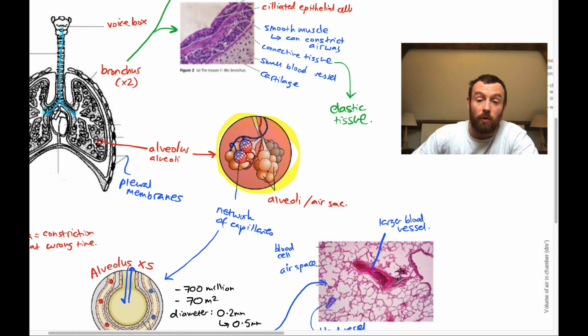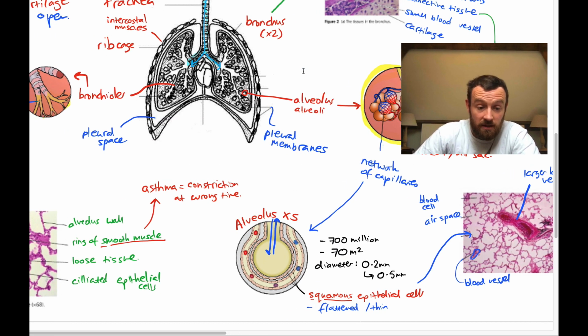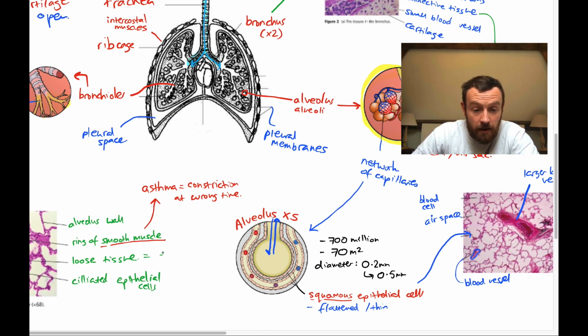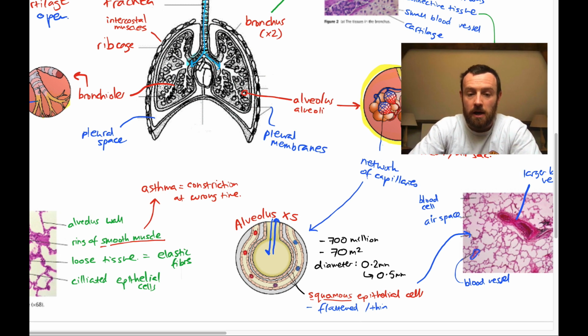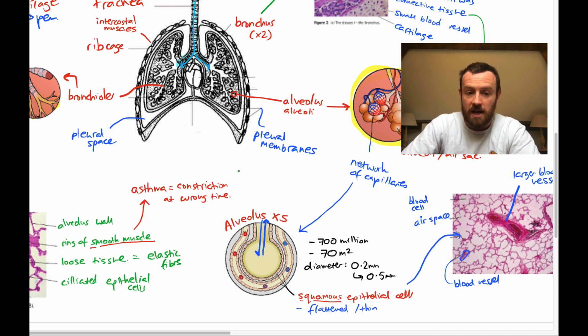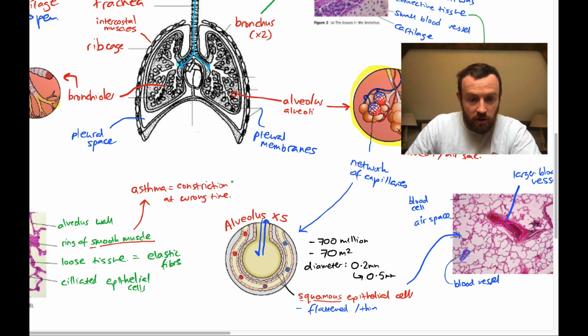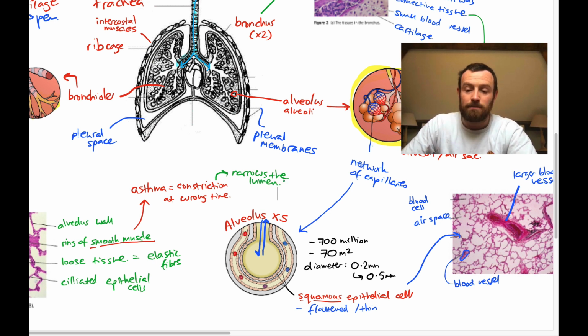There's elastic tissue in all the connective tissue, plus here, elastic fibers, even over here as well. And by constriction, I wanted to also say it narrows the lumen, which is the internal space.